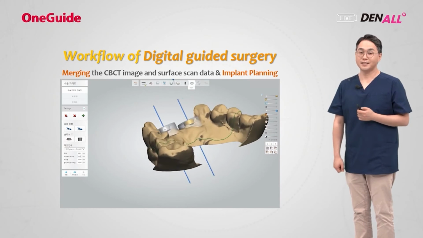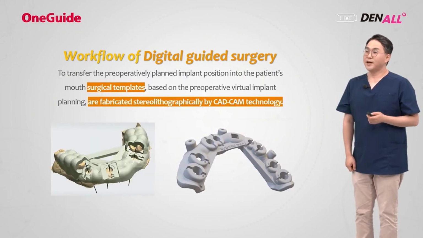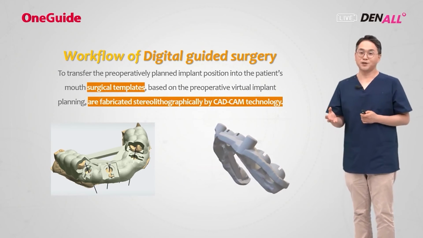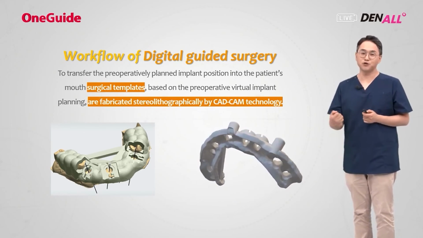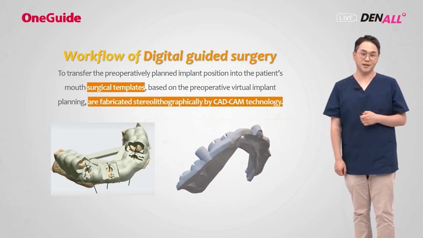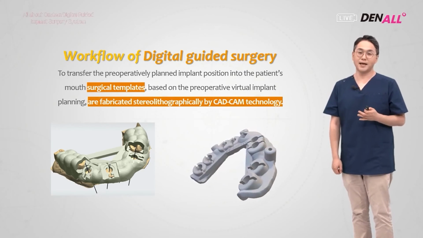This is how it's fabricated. This is digital guide surgery. Once the surgical stent design is complete, you can extract an STL file, and using this by 3D printing, you can fabricate it.